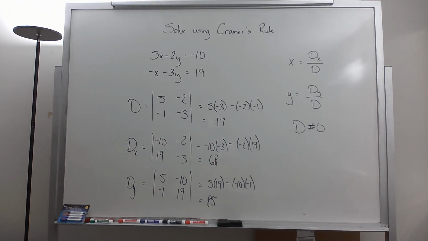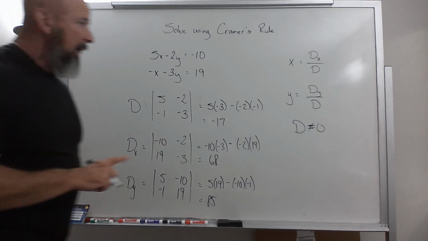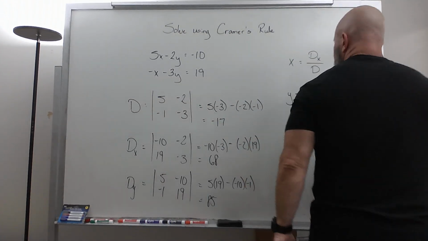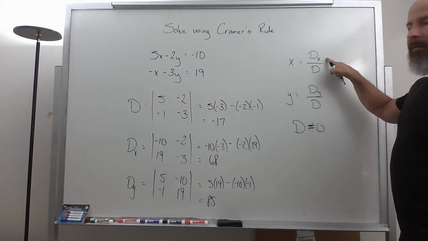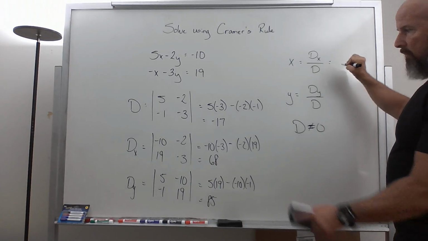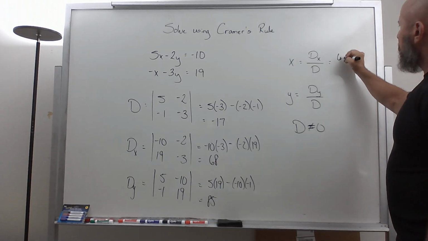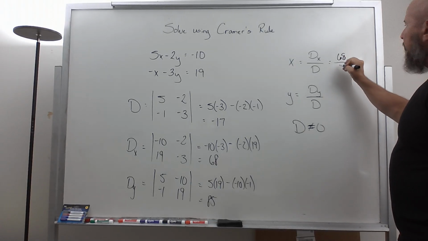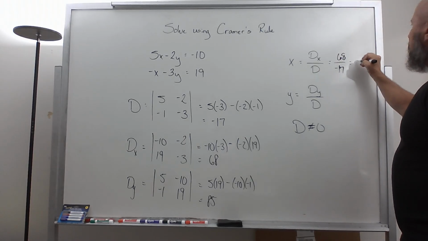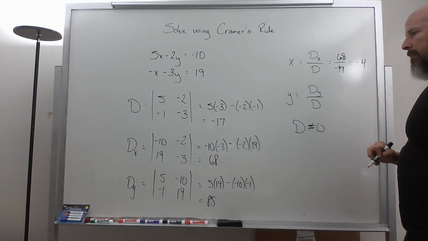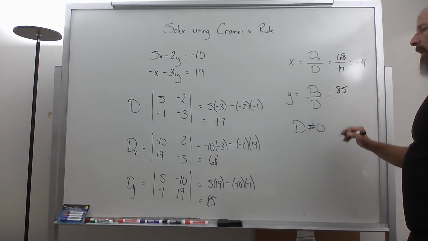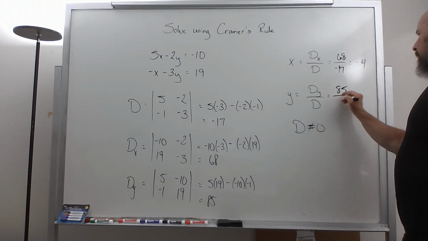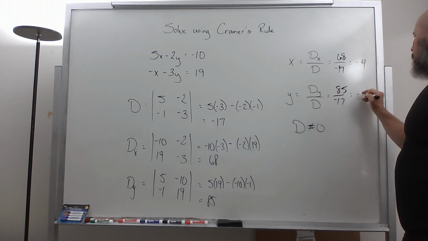Now we can finish out solving this problem. X would be the D with respect to x value over D. So in this case would be 68 over negative 17. And that's a negative 4. Y would be 85 over negative 17, which would be negative 5.